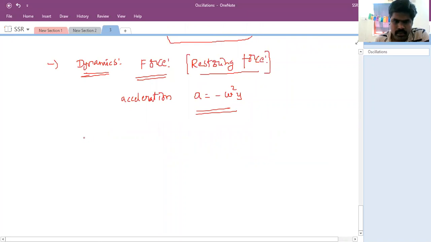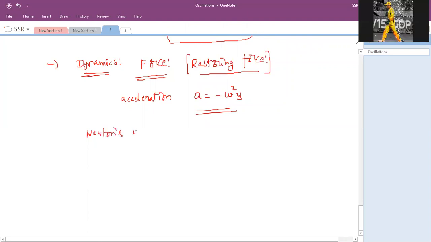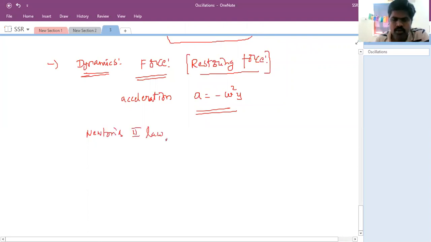Then by Newton's second law, force F is equal to what you can write for a particle.